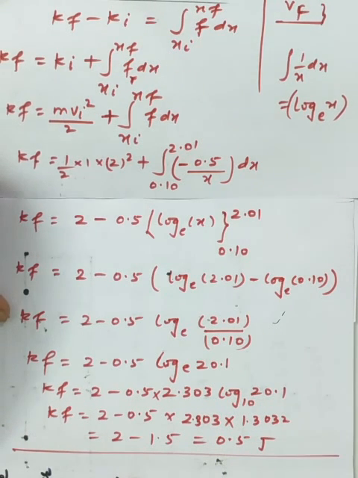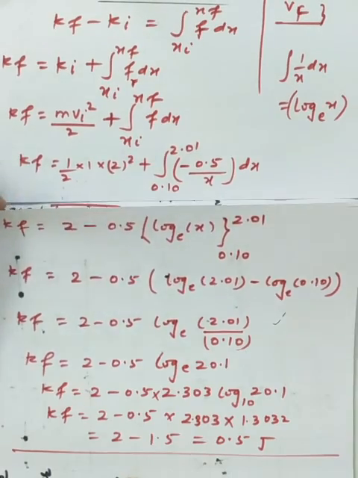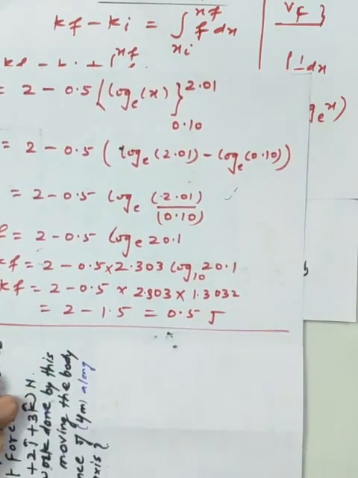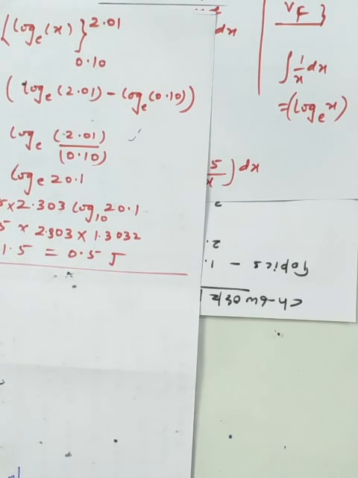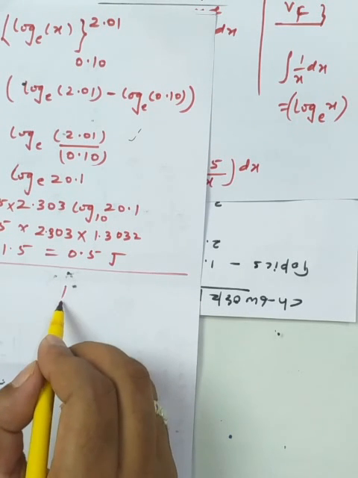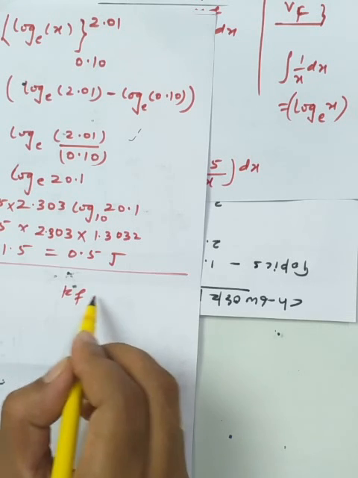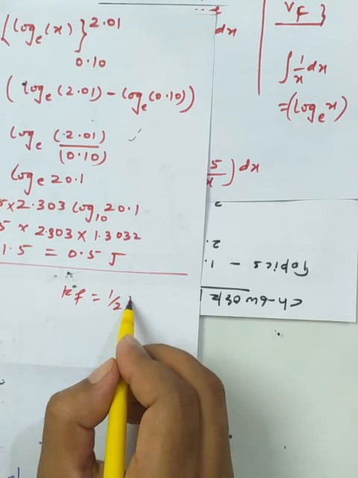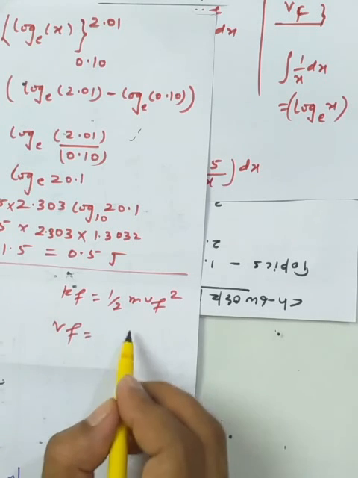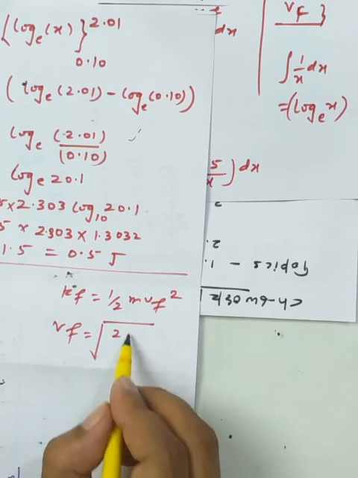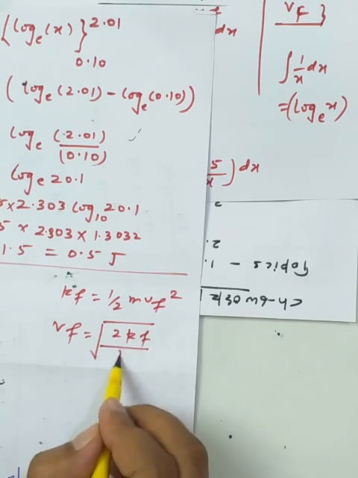Now the next portion, we have to find the V final. We use that kinetic energy final can be stated as half m V final squared. So we make the formula: V final is the square root of K final divided by m.